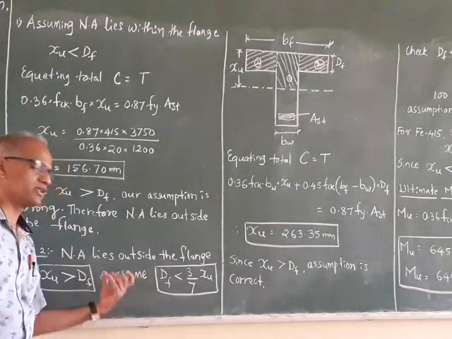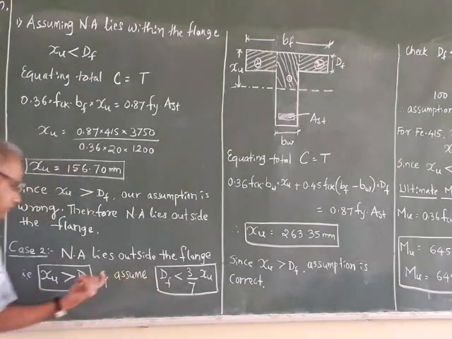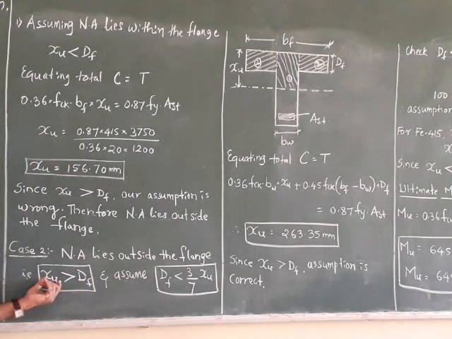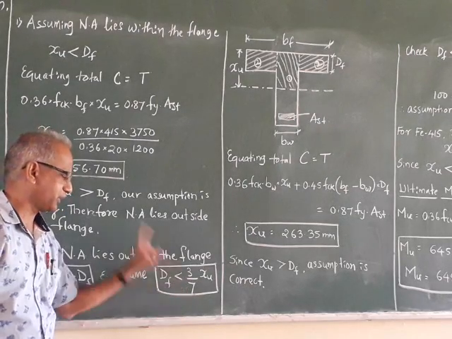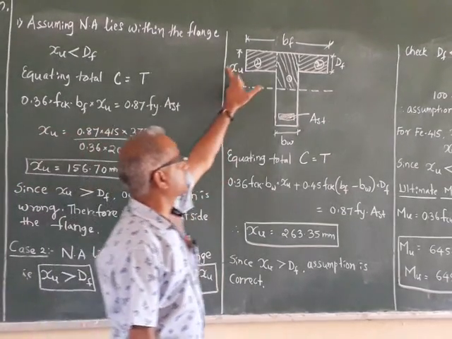So these two conditions are important now. Once again you have to calculate XU only. The neutral axis depth XU will be calculated, and again this condition will be checked, and also this condition has to be checked. Now this is a sketch.